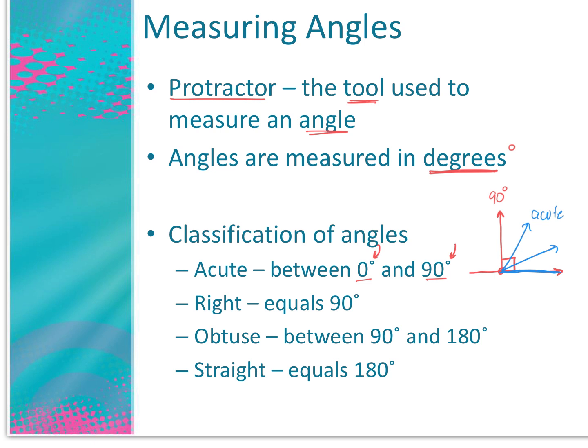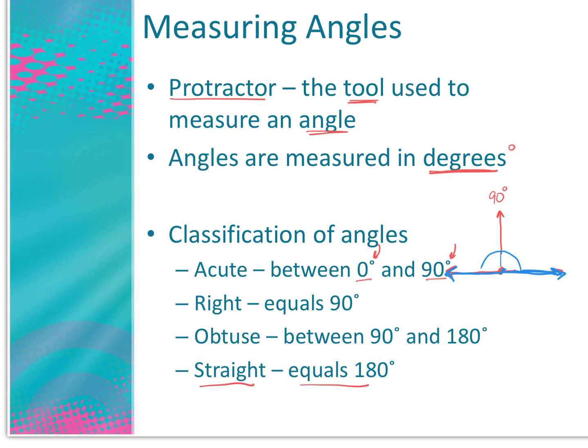The other big angle is what we call a straight angle, and a straight angle equals 180 degrees. Basically, you start at this side, this ray, and you open, and your ray ends on the other side.